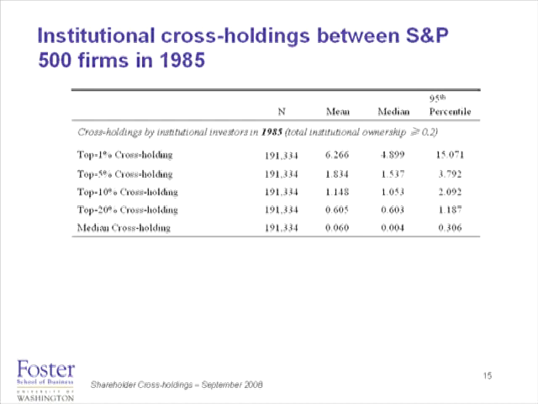So in 1985, we still had 250,000 possible pairs, but we only had 191,000 pairs that had the institutional holdings data, and where institutional ownership was greater than 20%. There were enough pairs where that wasn't true, which is why we don't have 250,000 observations here.